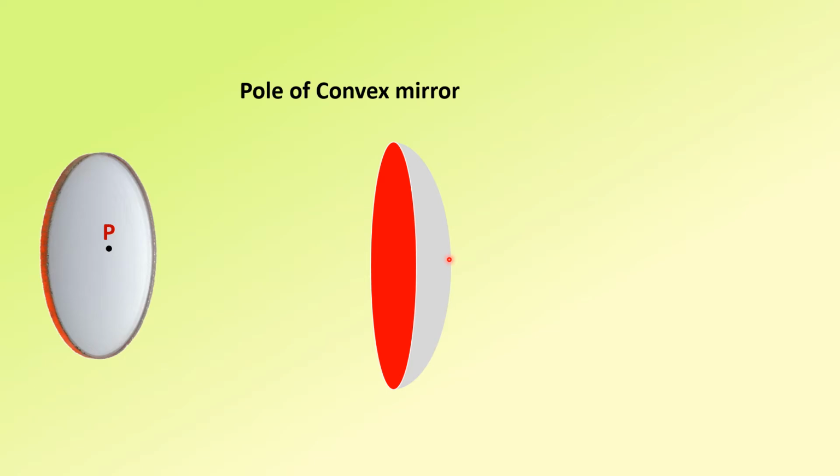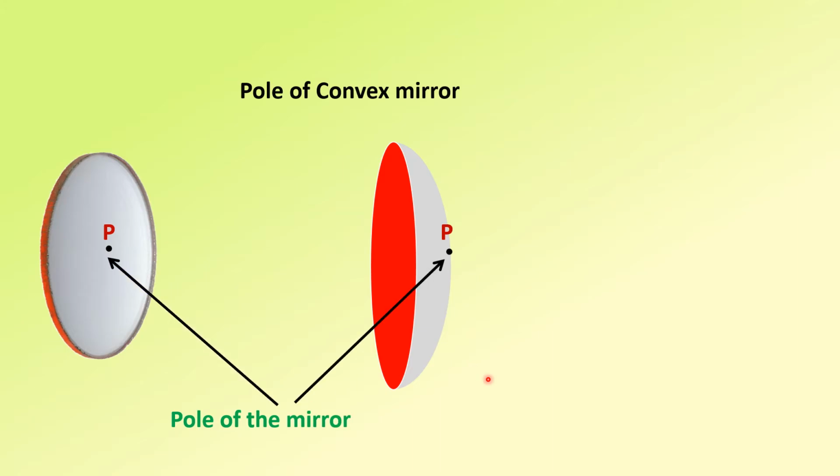Pole will be somewhere here, P is the pole, and in symbolic notation we can see here is the pole. So pole is nothing but the midpoint of the mirror. It is denoted by the letter P.